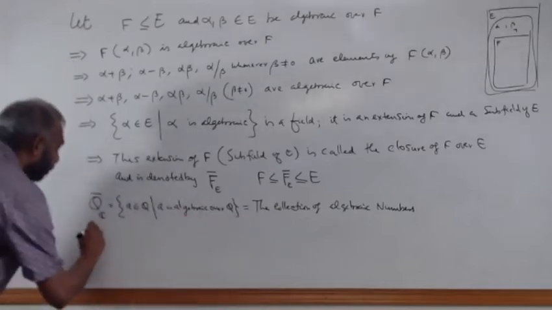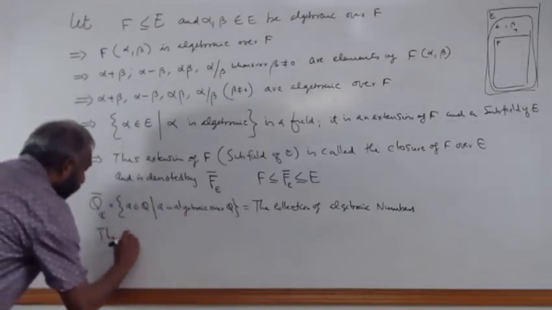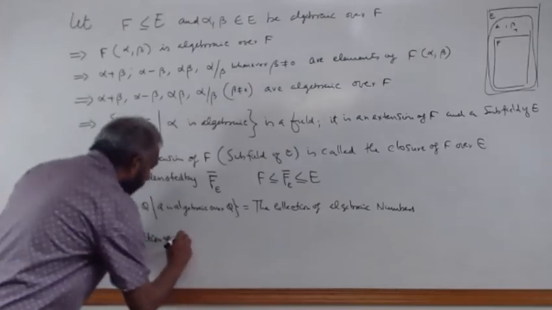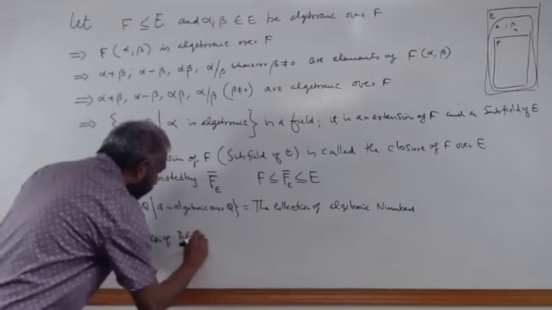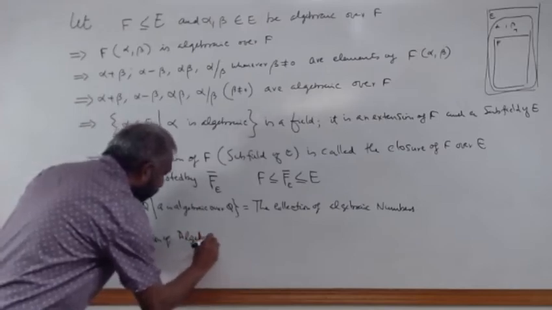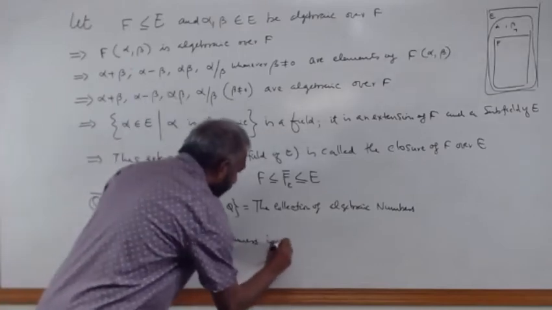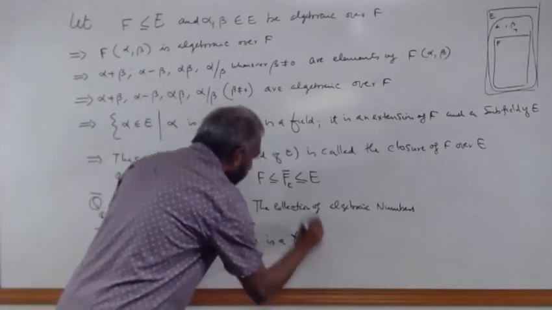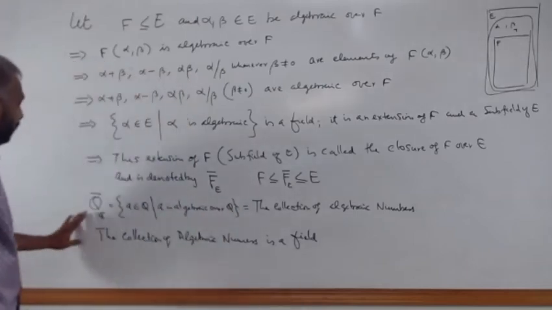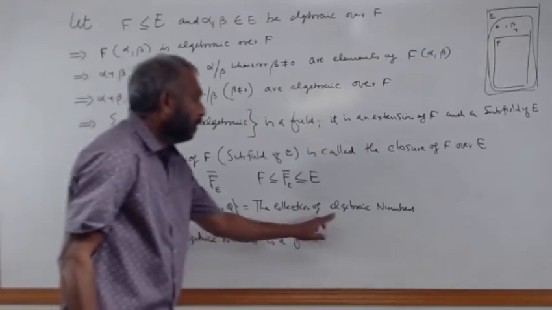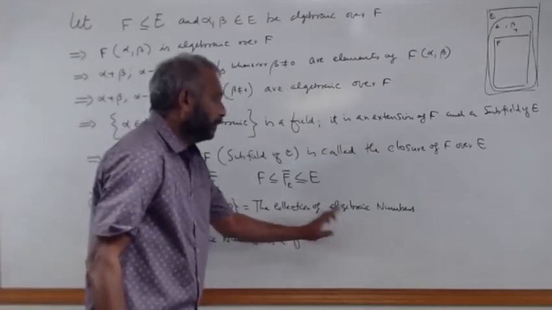So the collection of algebraic numbers is a field. See, the elements in C that are algebraic over Q are called algebraic numbers.